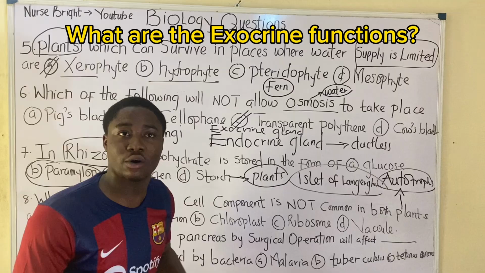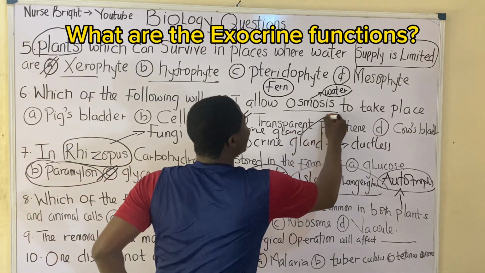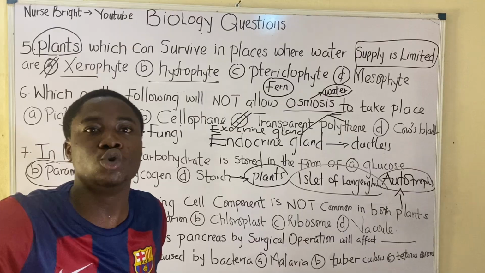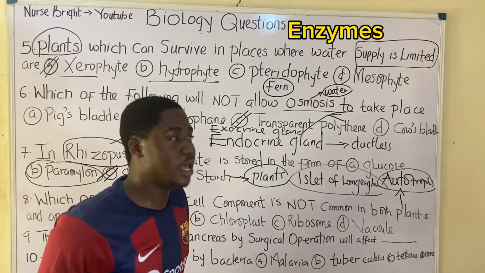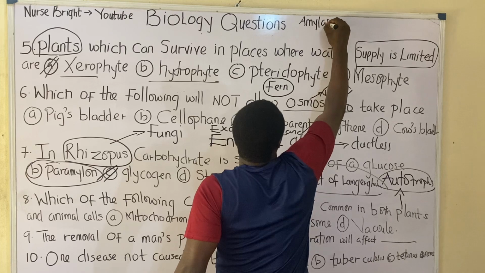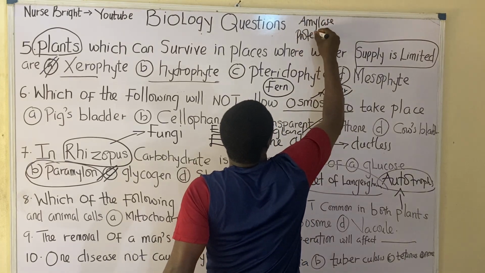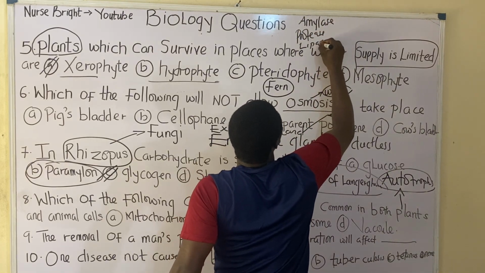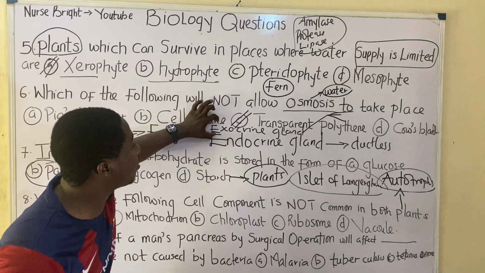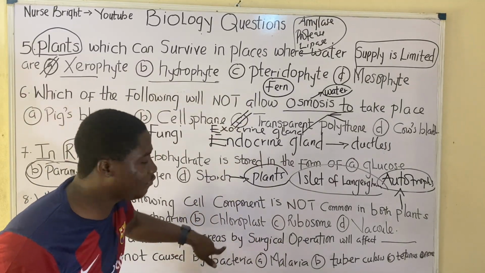What is the exocrine function of the pancreas gland? The exocrine function of the pancreas gland is that it has the ability to produce enzymes, which are in three groups. We have the amylase, we have the protease, and also we have lipase. These are the enzymes produced by the exocrine function of the pancreas gland.